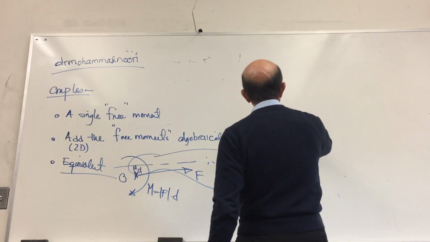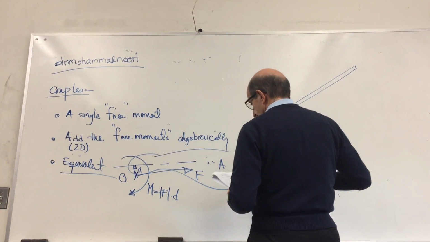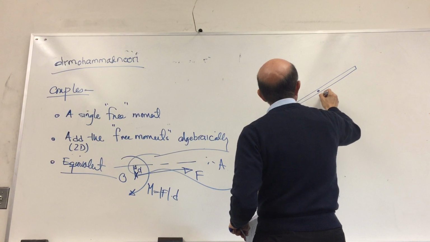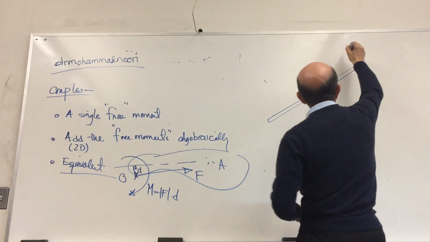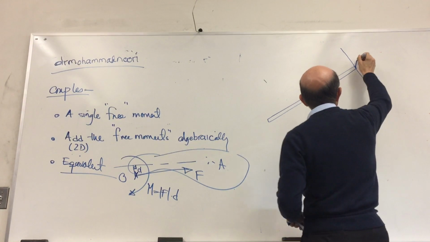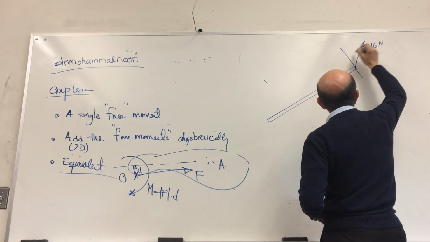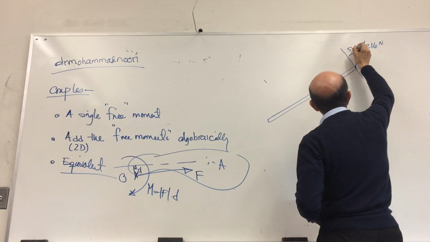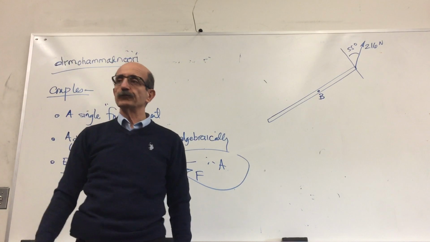Let's say you have a system like this, point B. You have a force that is acting at 45 degrees from the line that is vertical to this beam.